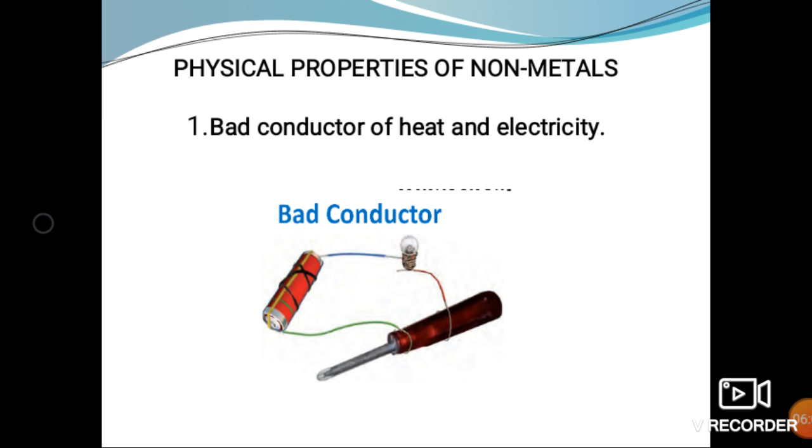From the diagram you can see that from the two ends of the battery, the wire comes out, and one end is connected to the bulb and one end is connected to the nylon tester handle, and from that it is connected again to the bulb. The bulb is not glowing at all. That is a bad conductor of heat and electricity. That means heat or electricity cannot be conducted in these materials.